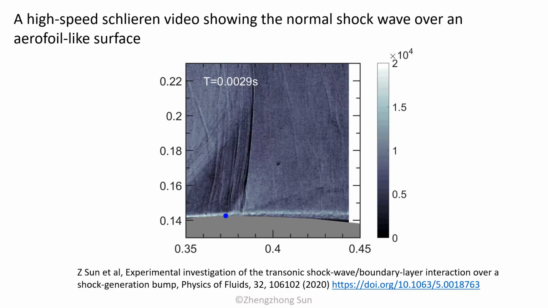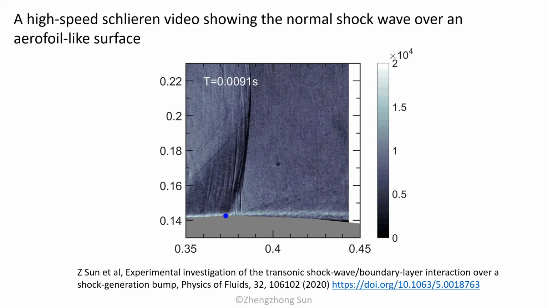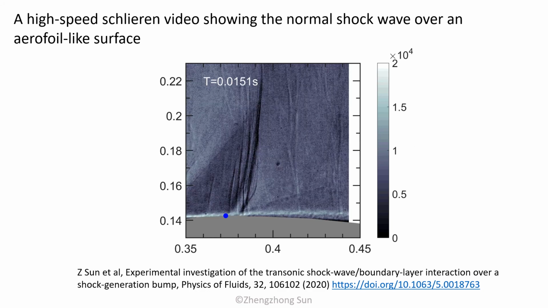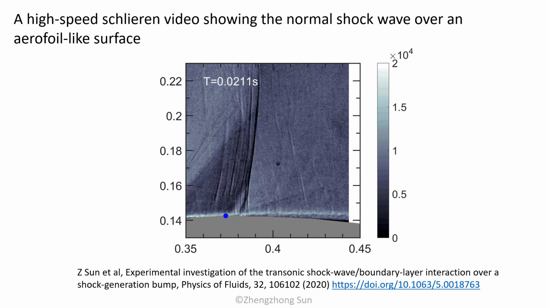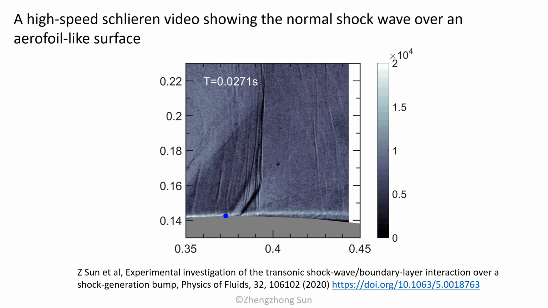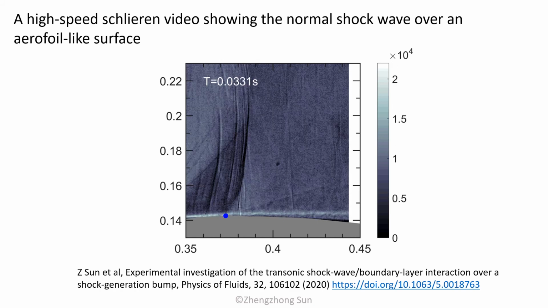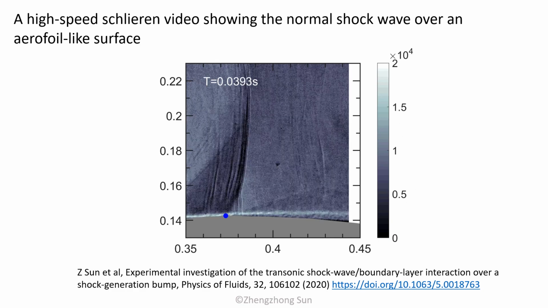Showing here is a normal shockwave established over an airfoil-like surface in the transonic flow. This is established in the lab environment. So I did the measurement, and you can see the shockwave is formed over a curved surface, which is like half of the airfoil.